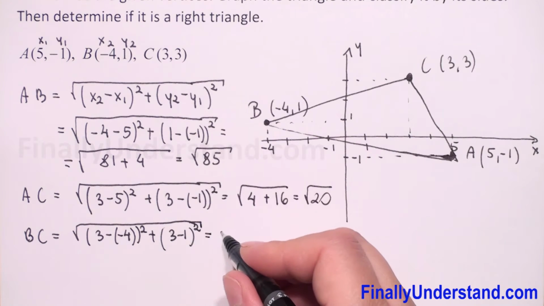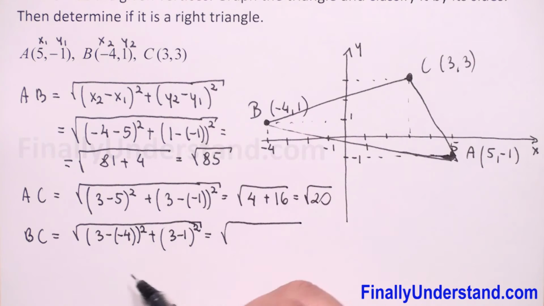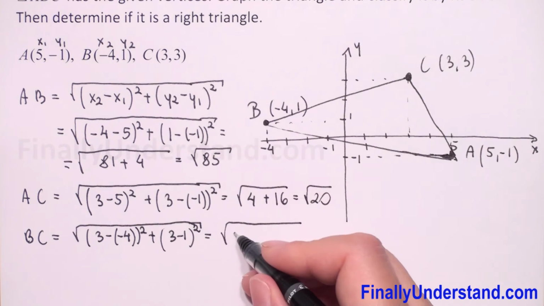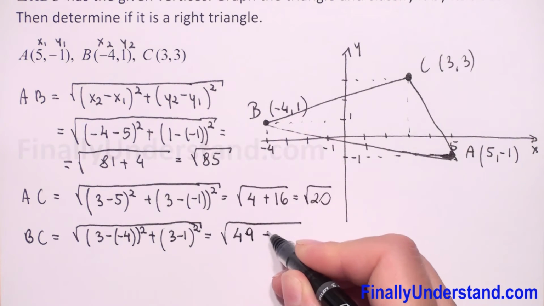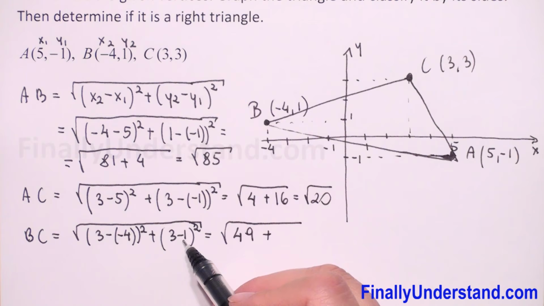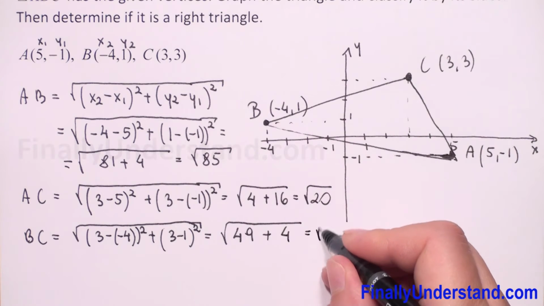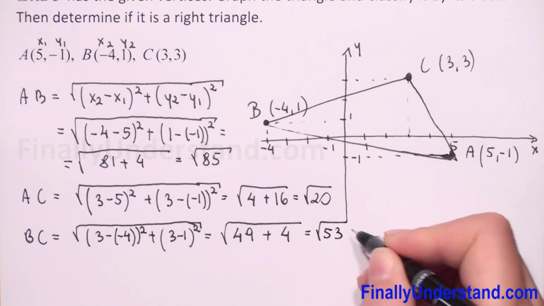So this is equal to the square root of, 3 and negative give positive, so 3 plus 4 is 7. 7 to the second power is 49, plus 3 minus 1 is 2, 2 to the second power is 4. So we have the square root of 53.